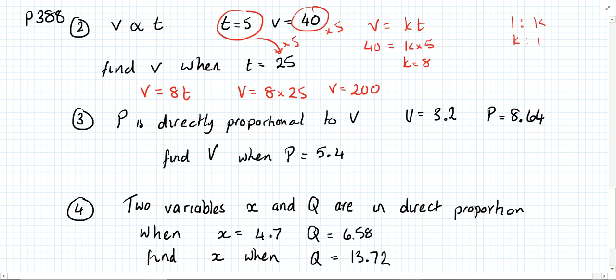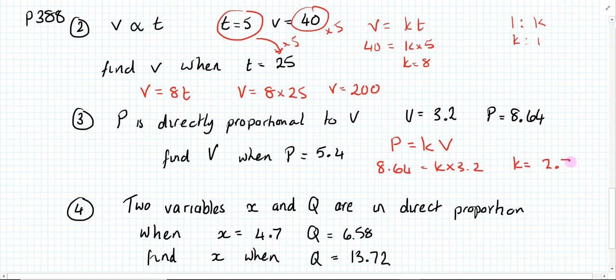But question 3, slightly different. But again, I would write P equals K times V. So I've got 8.64 equals K times 3.2. And I think we end up with K is 2.7? Oh, yes. Just 2.